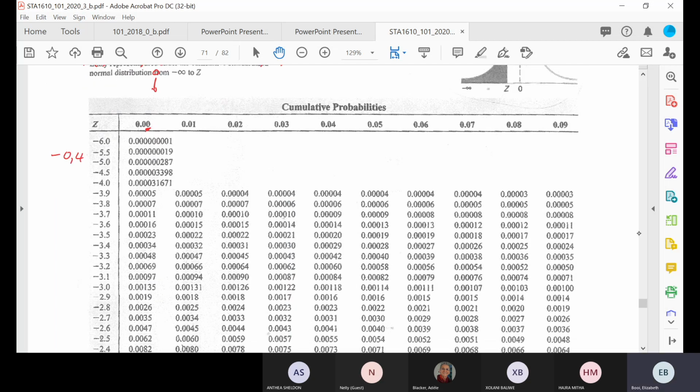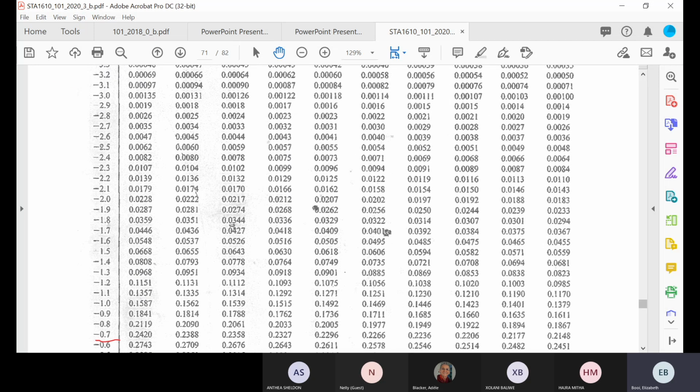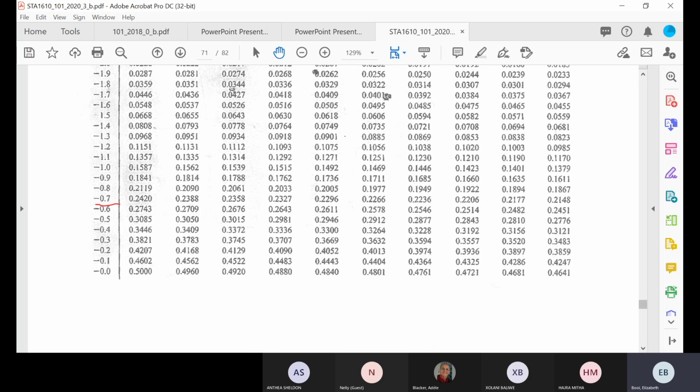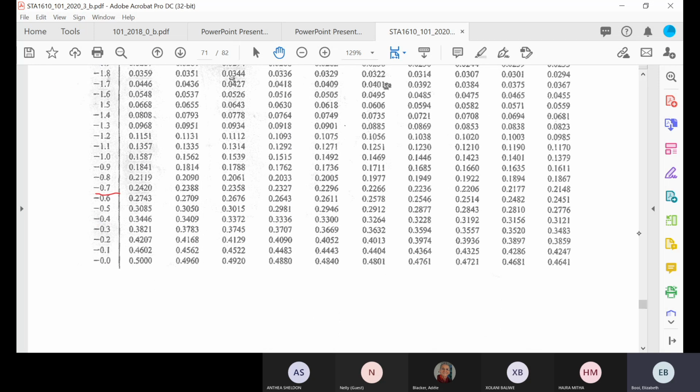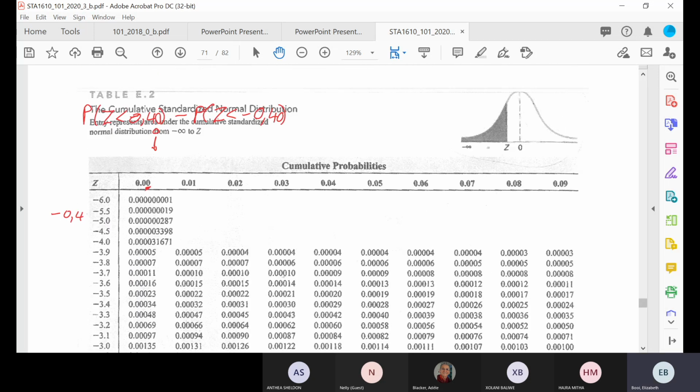So that means we're using the first column. Where they both meet, that is the value we are looking for. So 0,4 and 0 gives us 0,3446.